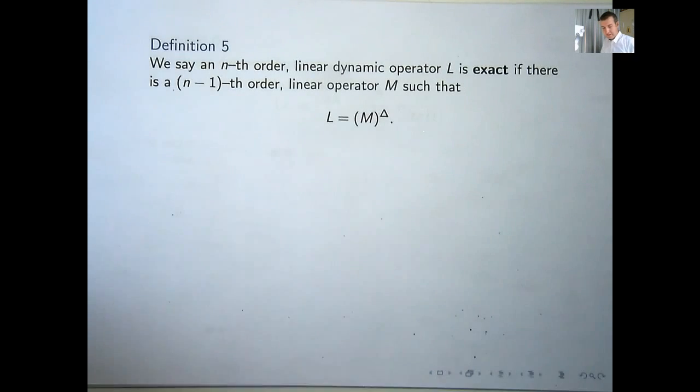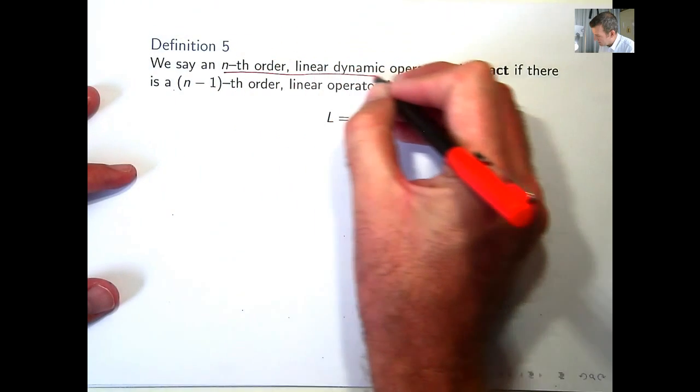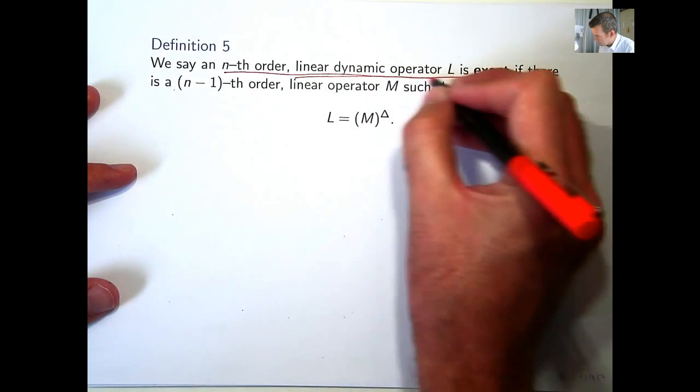All right, so let's look at the wider case now. I've looked at second order problems, but you can define linear dynamic equations of nth order, for example. And to do this, I'm going to involve dynamic operators.